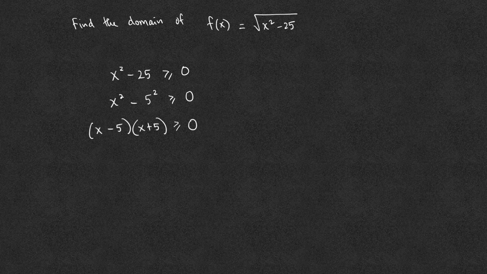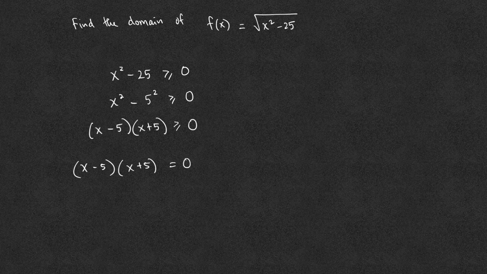Now, there are many ways to solve this inequality. One straightforward way is to pretend that this is equal to 0. So first, we solve x minus 5 times x plus 5 equal to 0 to find any critical numbers.